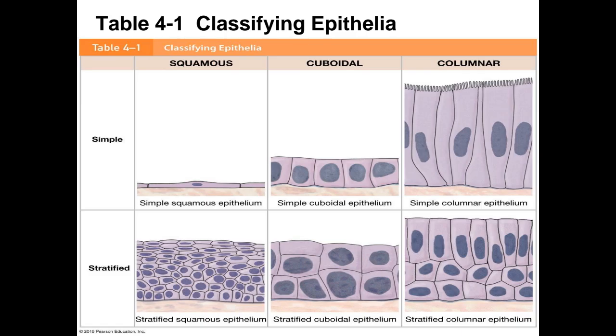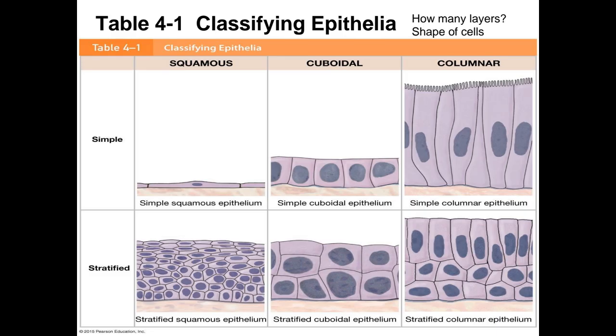How many layers? Shape of cells, okay? So we classify by how many layers, and then by the shape of cells, okay?